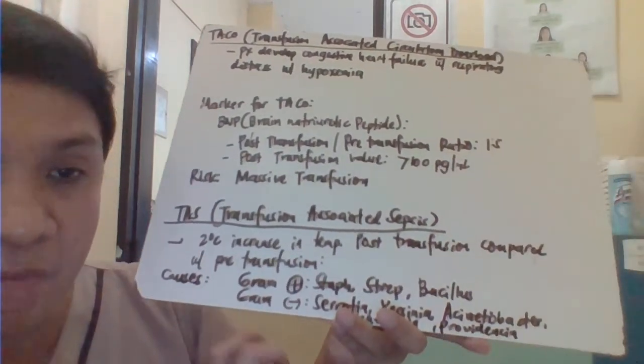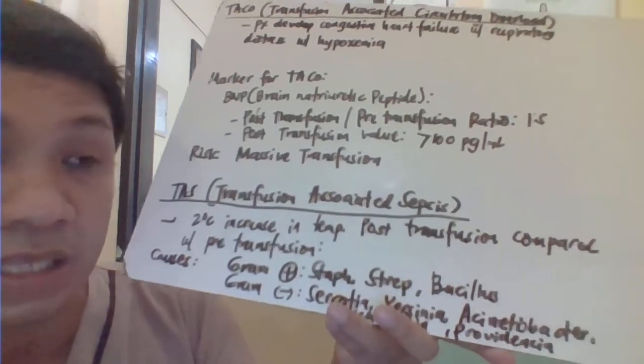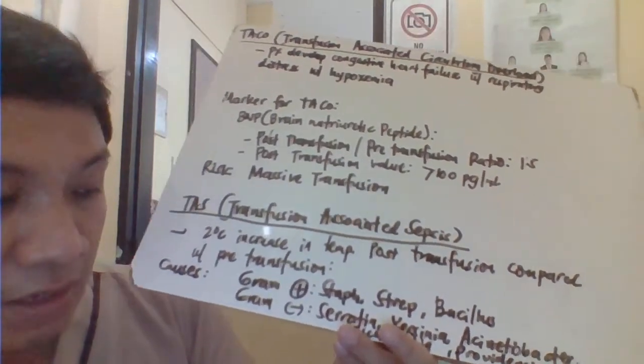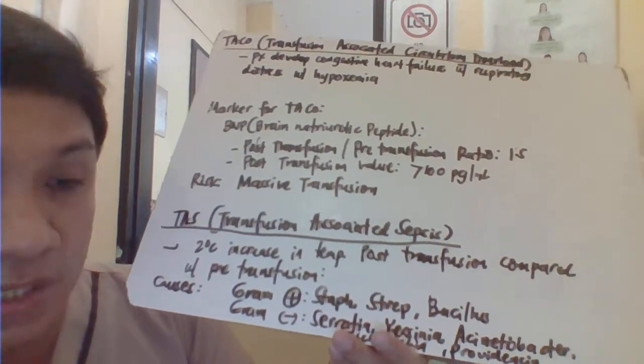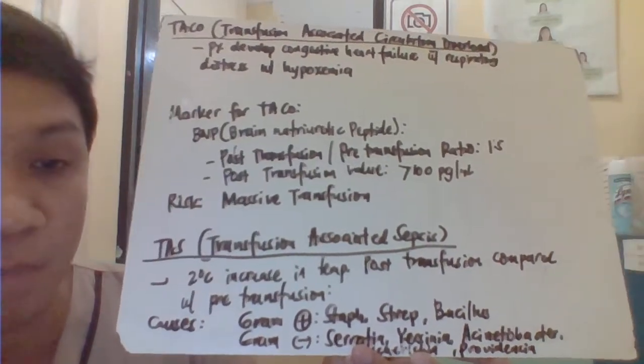We have here the most common contaminants in the unit of blood. For gram-positive, you have Staph, Strep, and Bacillus species. For the gram-negative, you can have Serratia, Yersinia, Acinetobacter, Escherichia, and also Providencia.